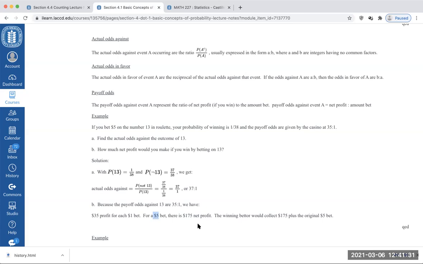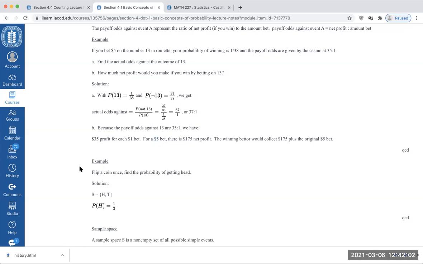So their winnings would be to collect $180. You would have a net profit of $175 if you land on 13. Your winnings would be $180. They give you back $175 plus your $5 that you bet.